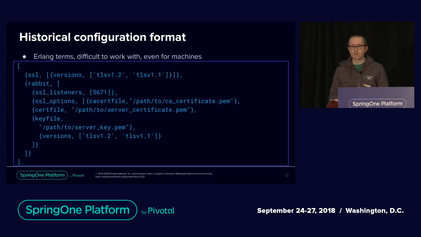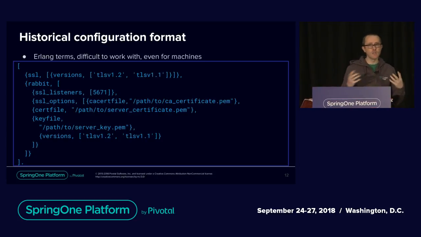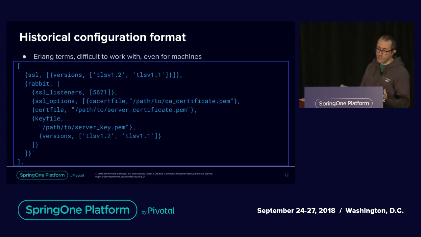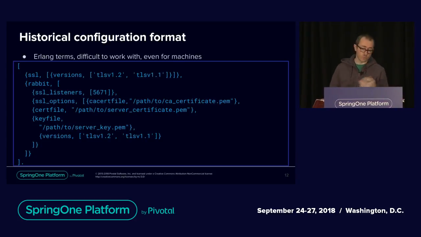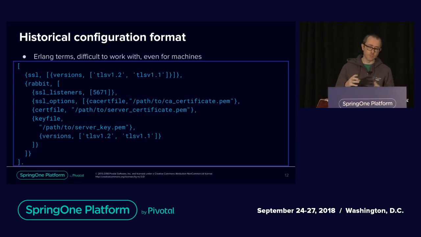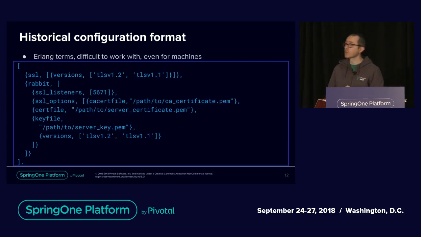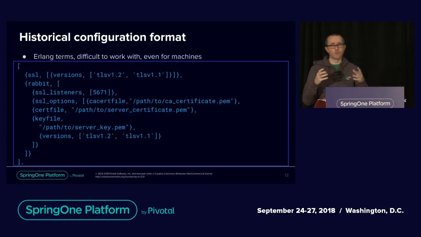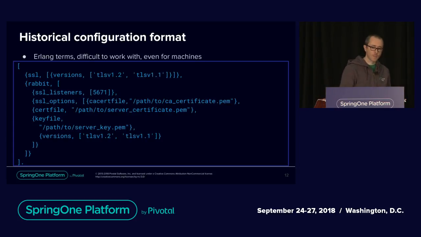First, the configuration part. Maybe some of you are familiar with the configuration of Rabbit. Maybe some of you have struggled with this configuration. The default one, the historical one, is made of Erlang terms. Erlang is the programming language RabbitMQ is written in, and Erlang terms are just kind of objects for Erlang.